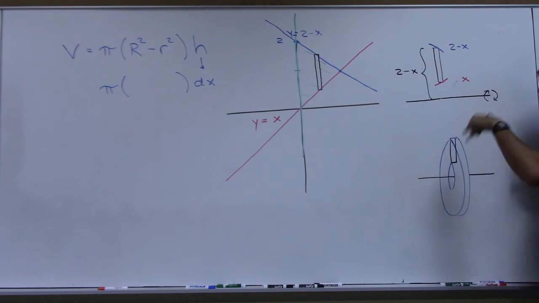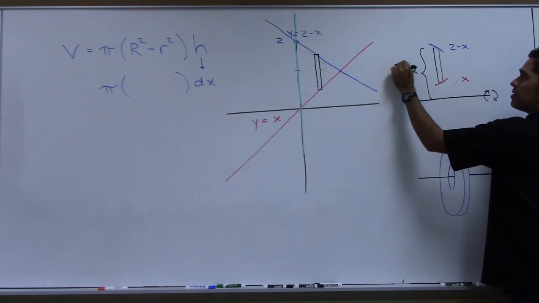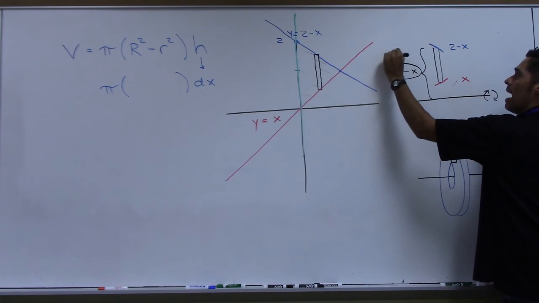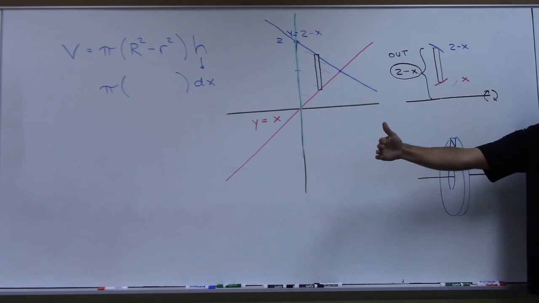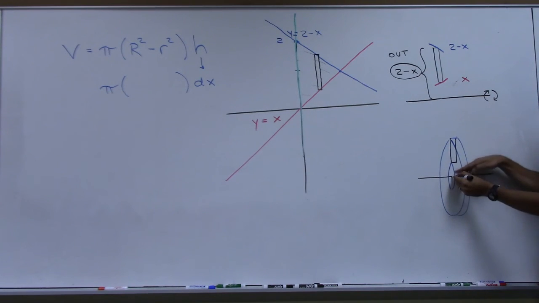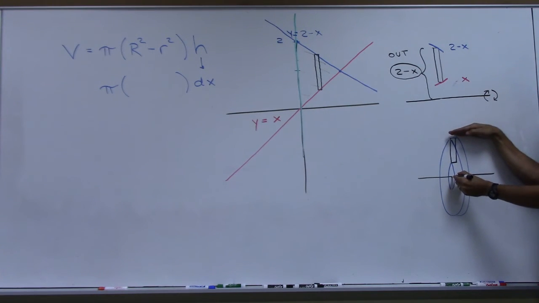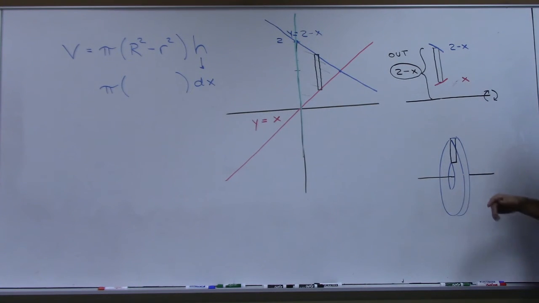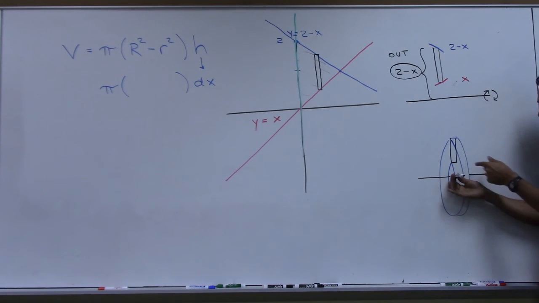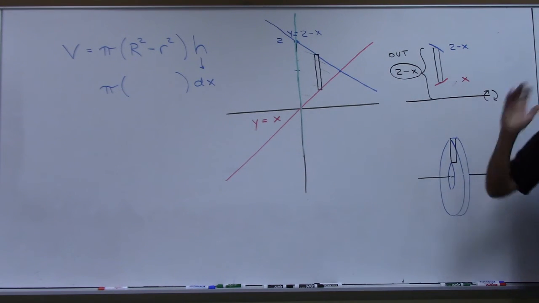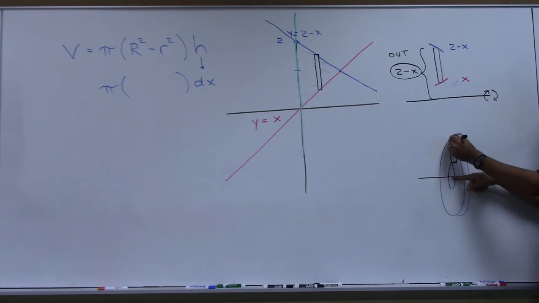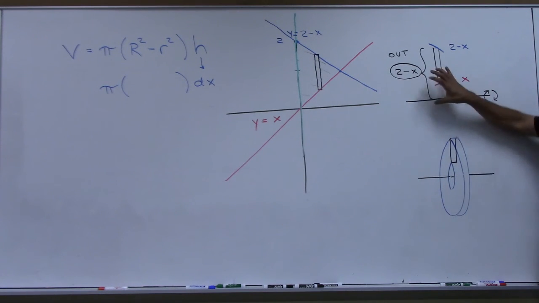From here on out, I'm going to label this as the out. What I mean by out is that this is the outer radius. If you're standing on this axis of rotation and you see this disk around you, this washer, the furthest point out, the outer radius, is that distance from here to here.